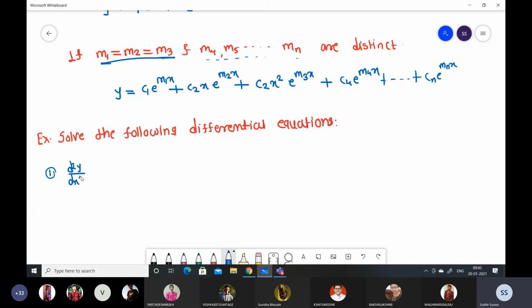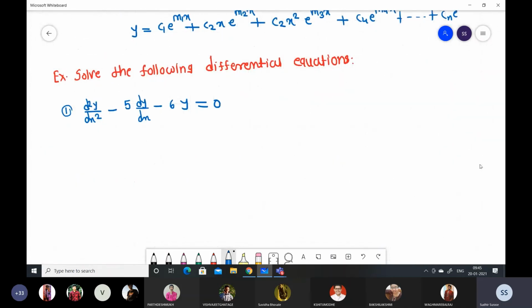d2y by dx square minus 5 dy by dx minus 6 times y is equal to 0. Now just look at this differential equation, what I'm going to do. The process is very simple. Consider the differential equation in terms of capital D. So let d by dx is equal to capital D. Therefore in terms of capital D, this will be D square y minus 5 times Dy minus 6 times y is equal to 0.